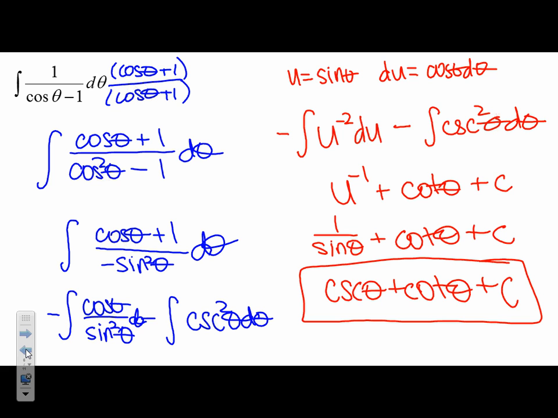Just use cosine over sine squared is equal to cosecant cotangent. Everyone see that? Yep. Cosine over sine is cotangent, with an extra sine in the denominator would be cotangent cosecant. Makes sense. Did it work this way?